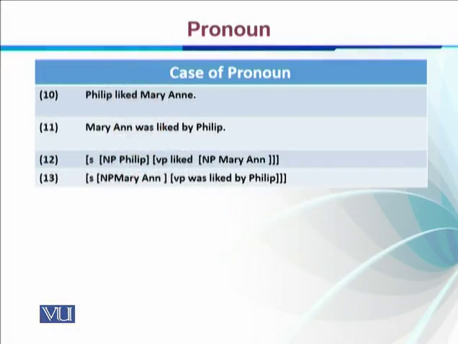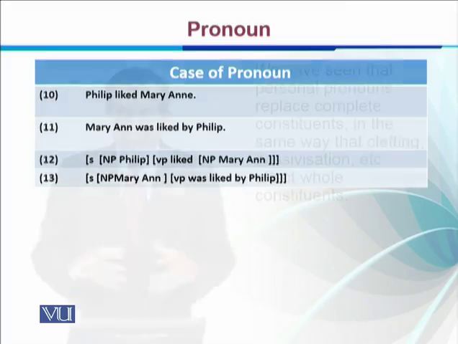So you can say case of pronoun. Philip liked Marianne. Marianne was liked by Philip, right? So if we bracket these two sentences, the sentence's noun phrase is Philip, verb phrase is liked, and then the noun phrase of the verb phrase is Marianne. So we can have the noun phrase Marianne in the passive, verb phrase was liked by Philip.